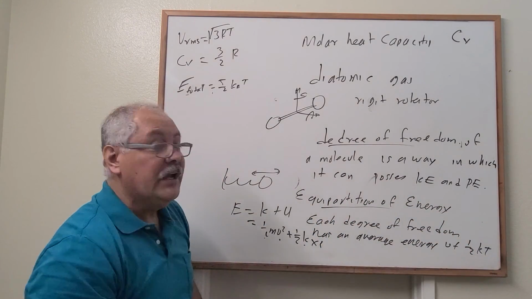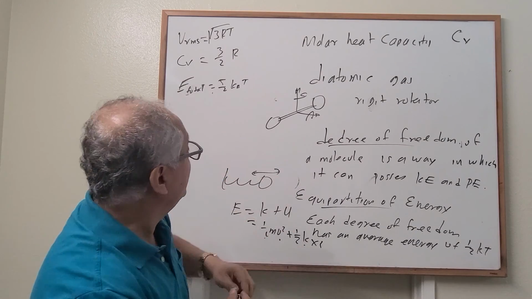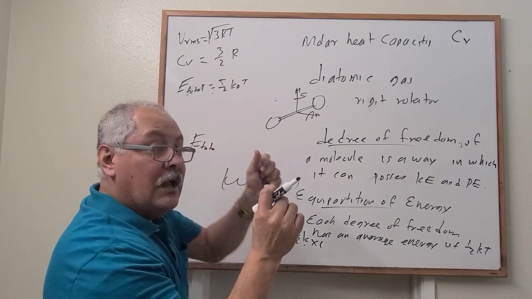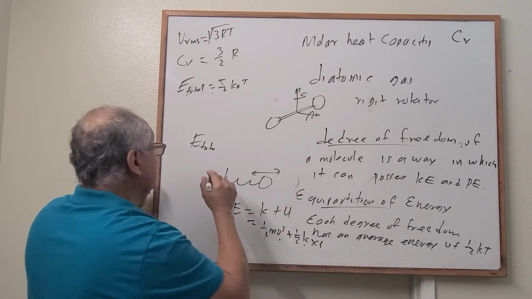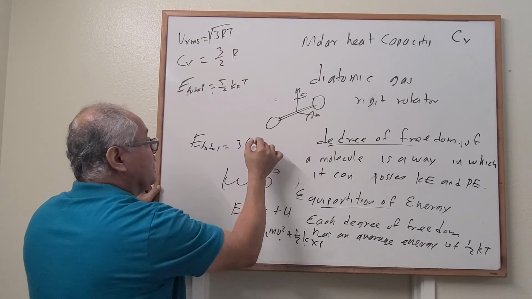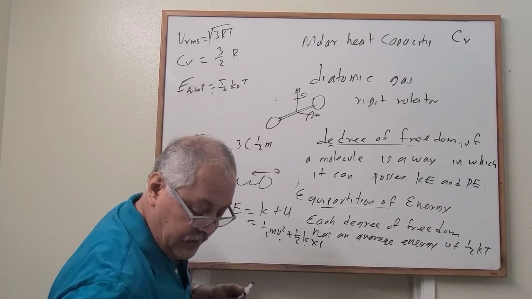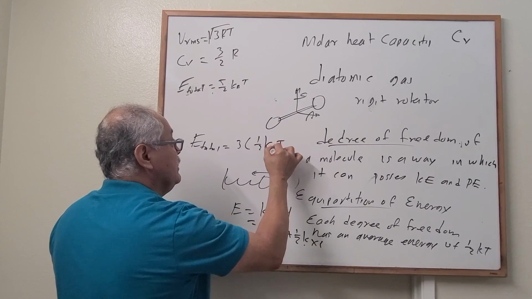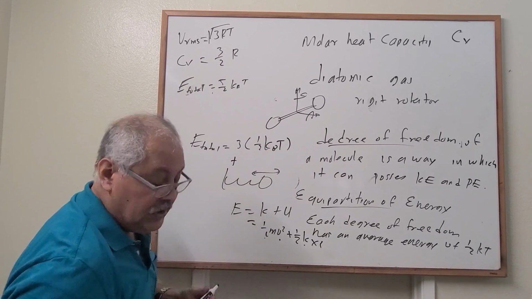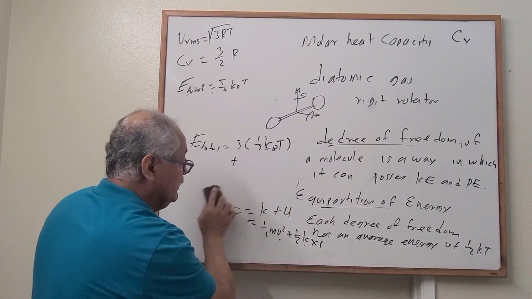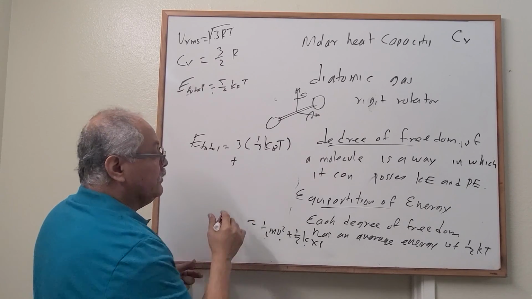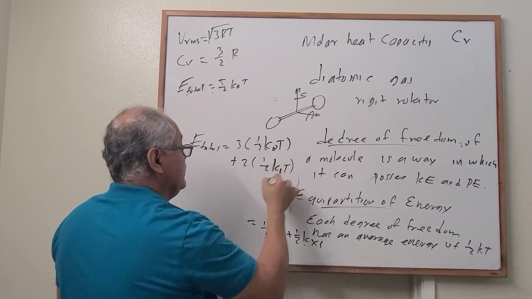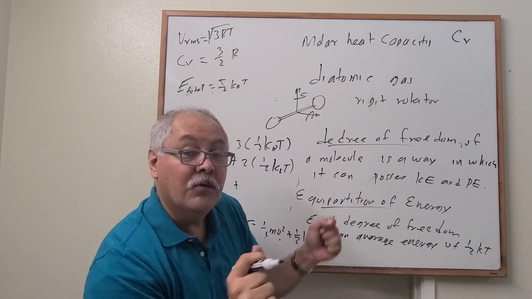So what should be the total energy for this diatomic molecule? When we involve vibration, the total equals 3 for translational, according to the equipartition of energy, kT, plus 2 for rotational, 2 times 1/2 kT, plus 2 for vibrational.